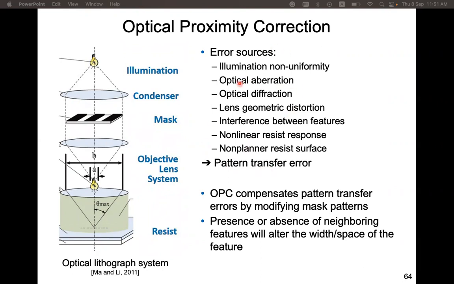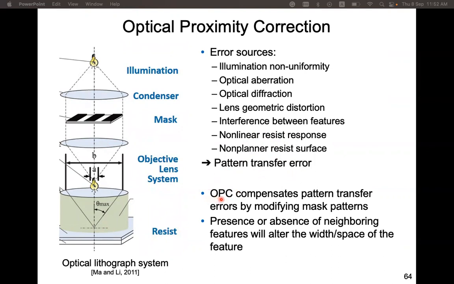And these error sources include illumination non-uniformity, optical aberration, optical diffraction, and lens geometry distortion. We cannot make a perfect lens. Interference between features and nonlinear photoresist response to the light, non-planar resist surface. There are many error sources. So this will lead to a pattern transfer error.